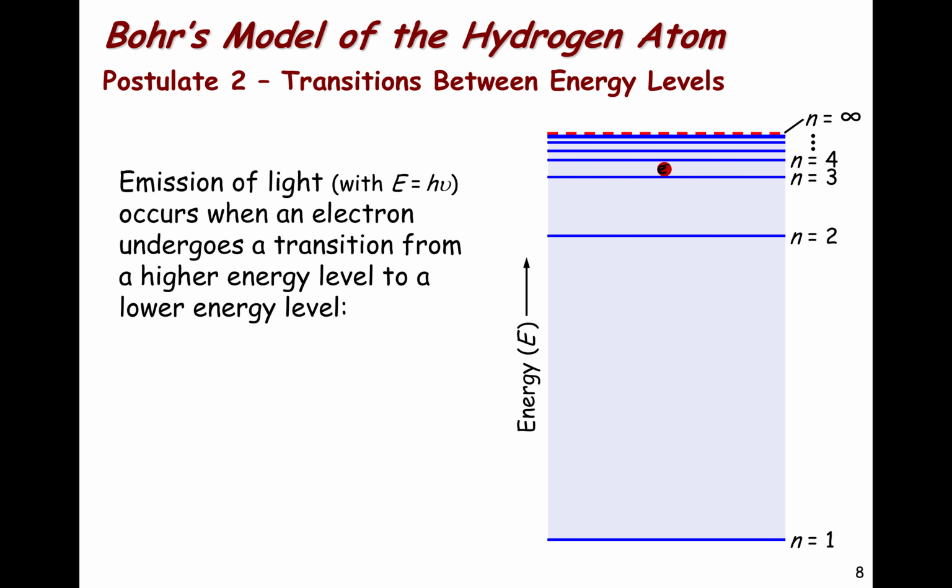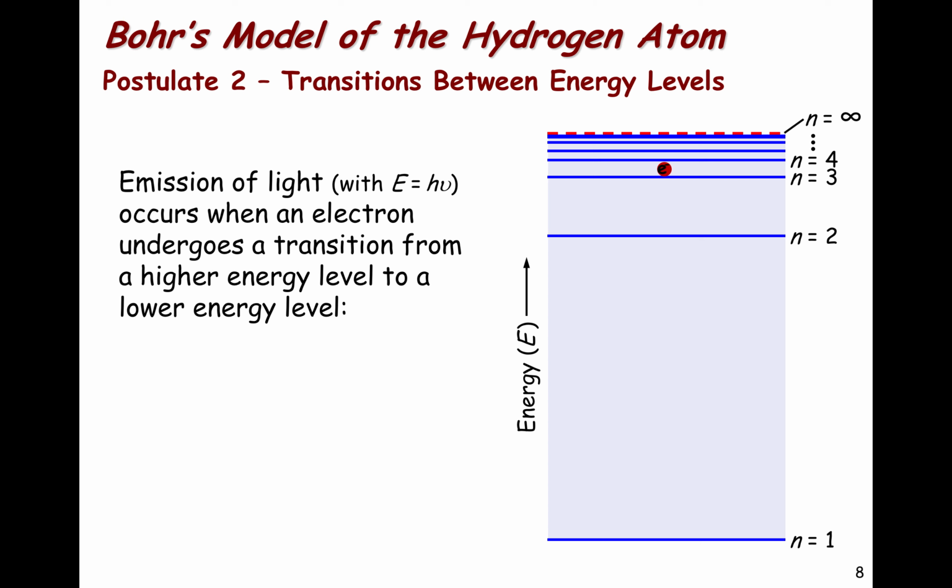Once the electron is in the excited state, it stays there for some period of time, but since this is not an energetically favorable situation, the electron will fall back down to some lower energy situation. It could fall back to the ground state, but in this case it also has the possibility that it will fall to the n equals 2 level.